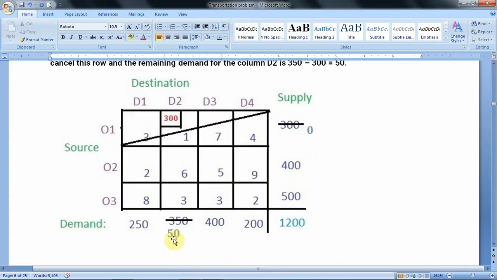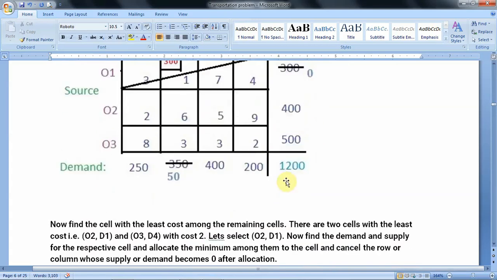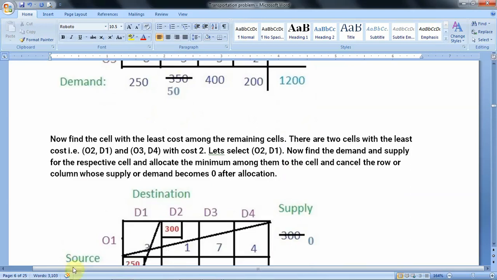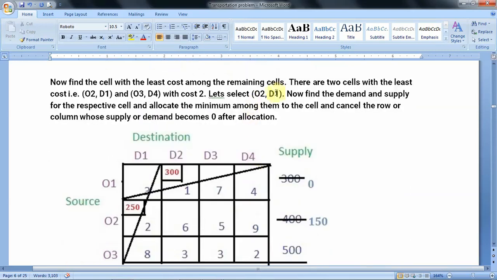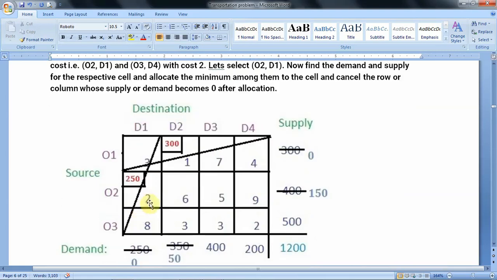Next step, find the cell with the least cost among the remaining cells. Observe from the table that the next least values are in O2D1, which is 2 rupees, and also O3D4 in the third row, which is also 2 rupees.